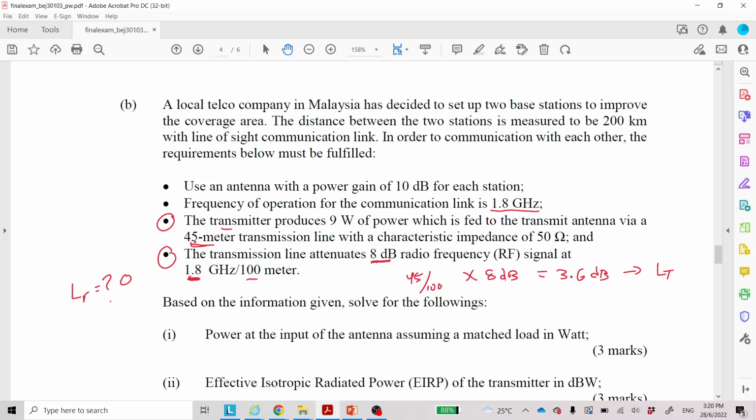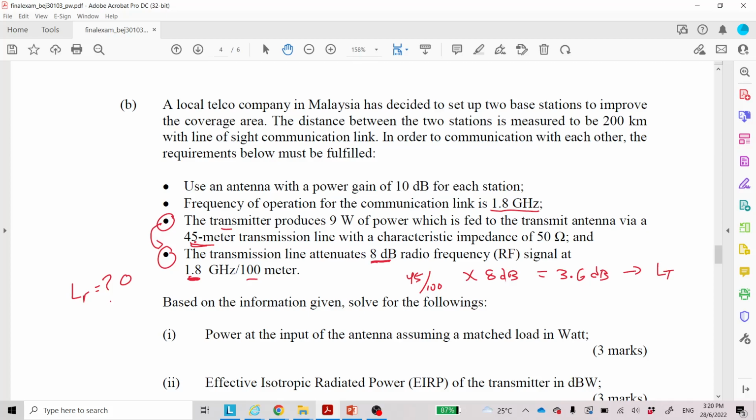We can assume that there are no losses in the receiver transmission line, because the question only mentions the transmission line on the transmitter side.